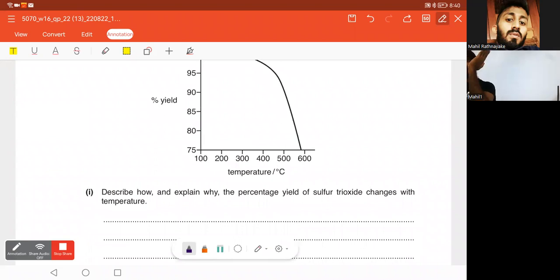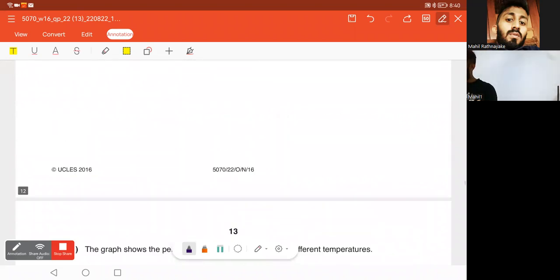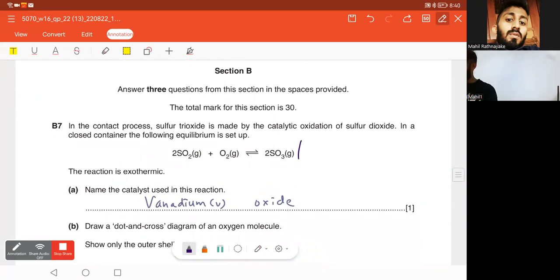When the temperature increases, the sulfur trioxide yield decreases, meaning the position of equilibrium moves to the left-hand side. That means the backward reaction is endothermic.